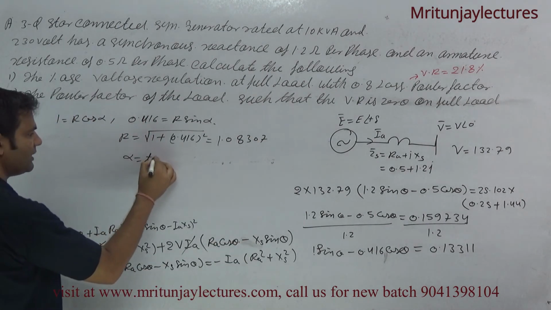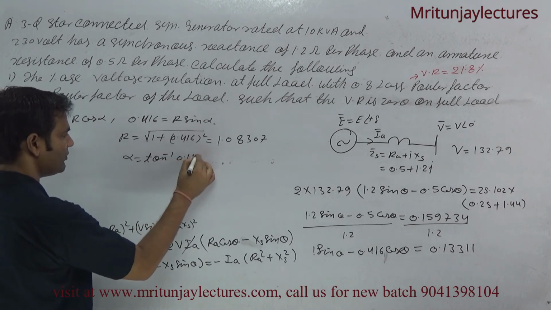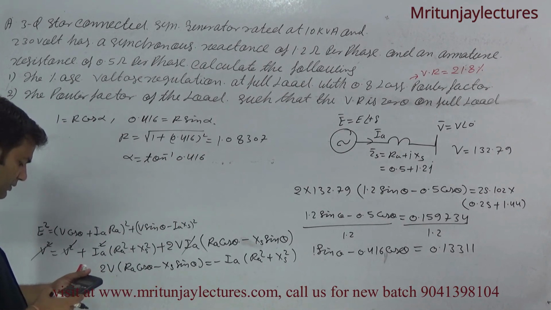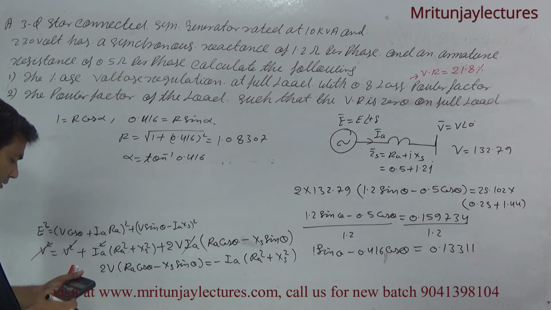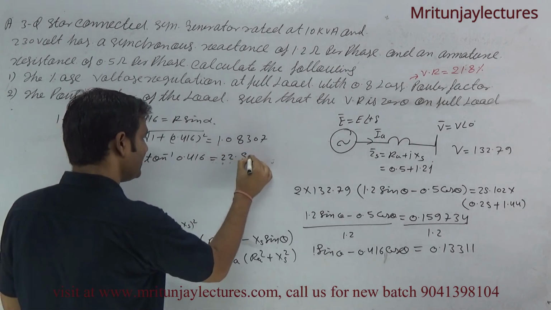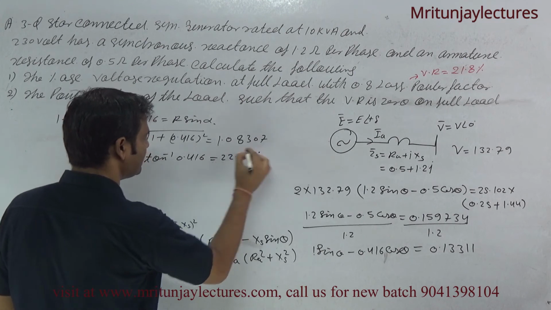Okay, what about alpha? Alpha is equal to tan inverse 0.416, that is 22 point something, that is 22.58 degrees.